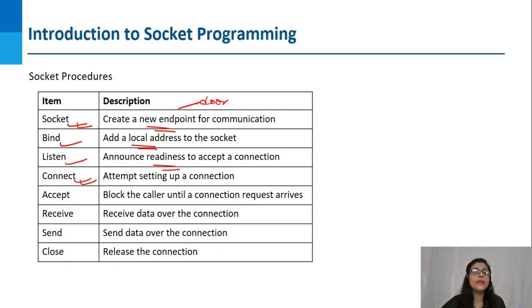Then we have the connect call, attempting to set up a connection. Then there is accept. It is used for blocking the caller until a connection request arrives. Then there is receive. It receives data over the connection. Then there is a send system call which sends data over the connection. And ultimately, we have to close the connection by using the close system call, which will ultimately release the connection.